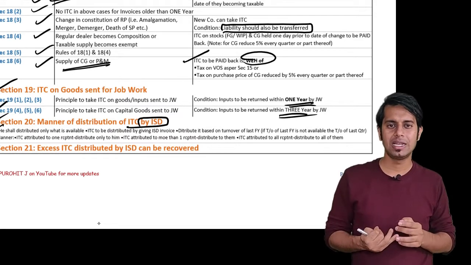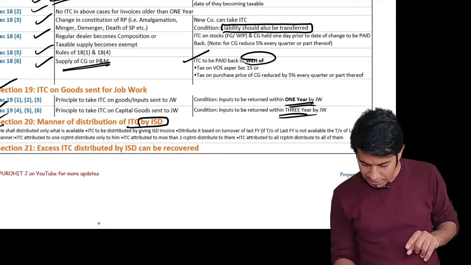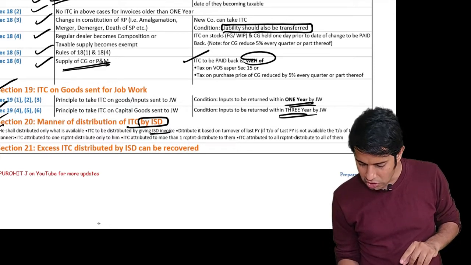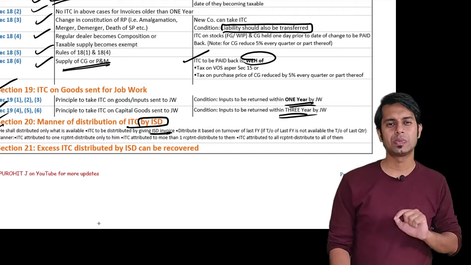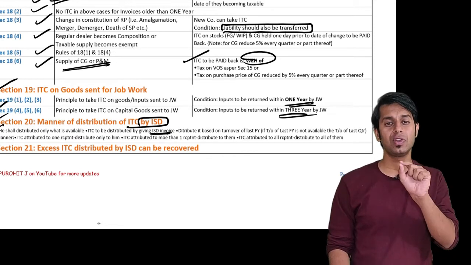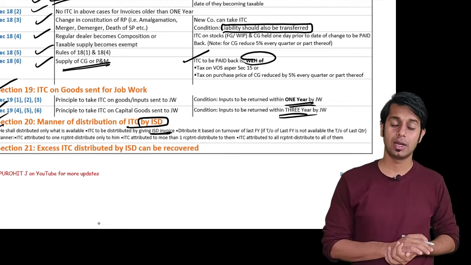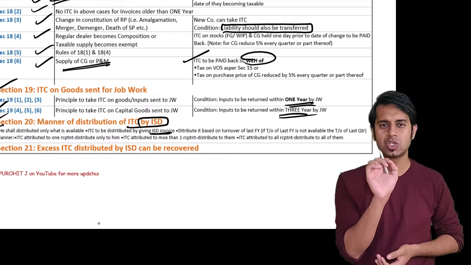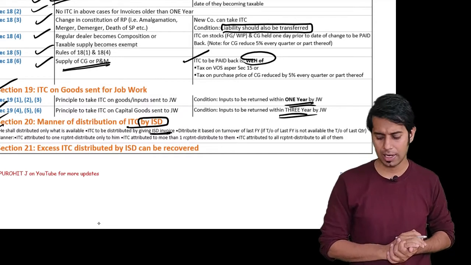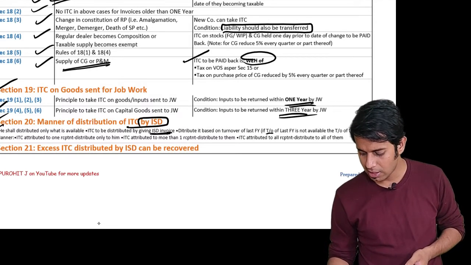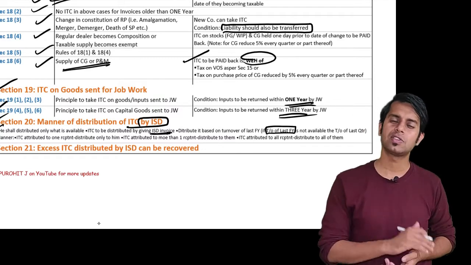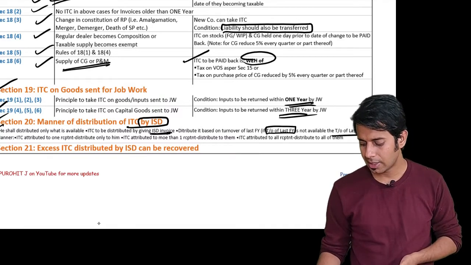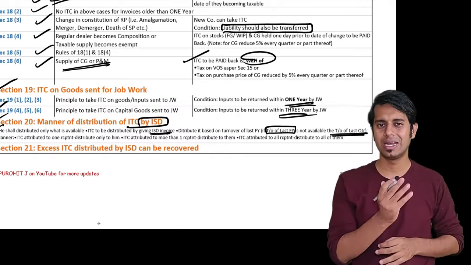For distribution of this ITC, he should give an input service distributor invoice. How should I distribute? Based on the turnover of the relevant period. Sir, what is that relevant period? Sir, the turnover of last financial year. Sir, what if last financial year turnover is not available? Then the turnover of last quarter for which that details is available.